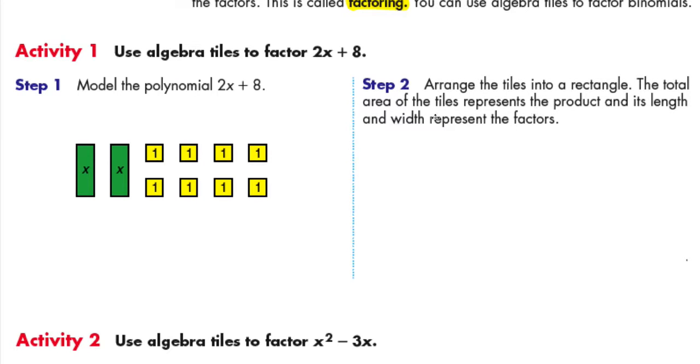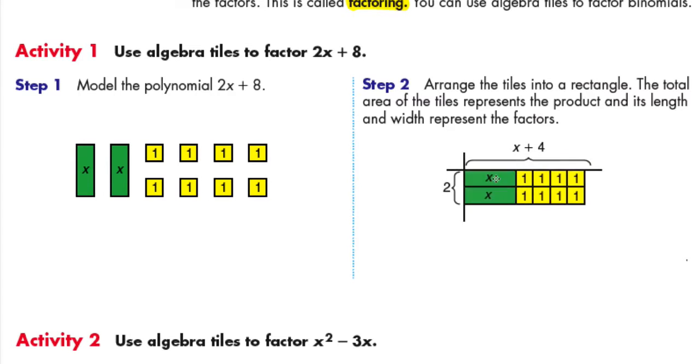The total area of the tiles represents the product of its length and its width, which represent the factors. After it has been arranged in a rectangle, the width of this rectangle is 2, because this is 1 unit right here, and there's another unit right there.